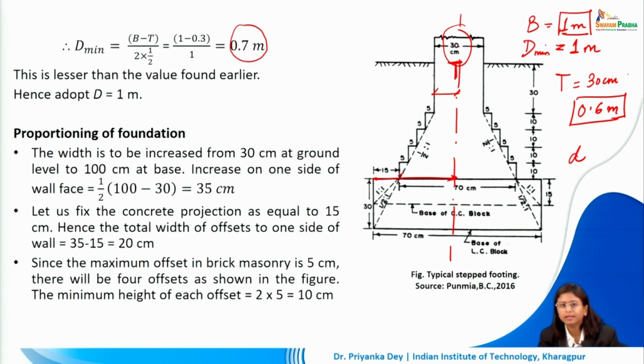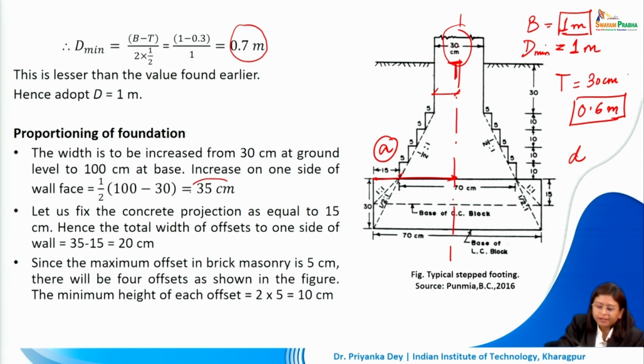Now let us say that the concrete projection, that is small a, the offset in the concrete projection, will be about 15 centimeters. Let's assume that we're going to have at least 15 centimeters. So we've determined a value for small a. Hence the total width of the offsets for the masonry portion will have to range from 35 minus 15, that is equal to 20 centimeter.